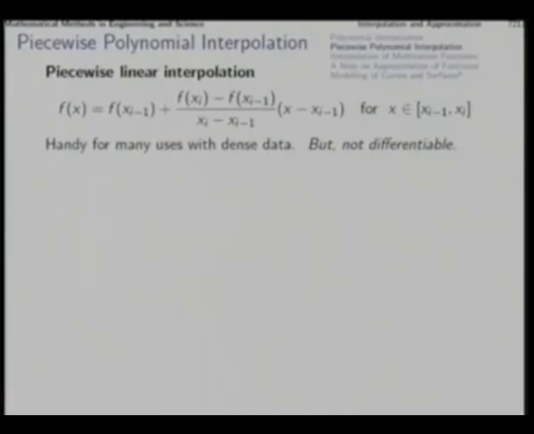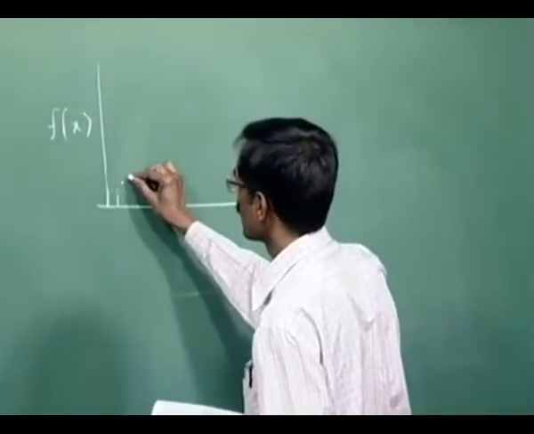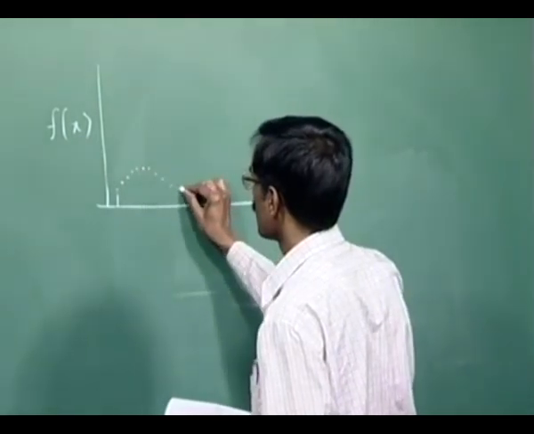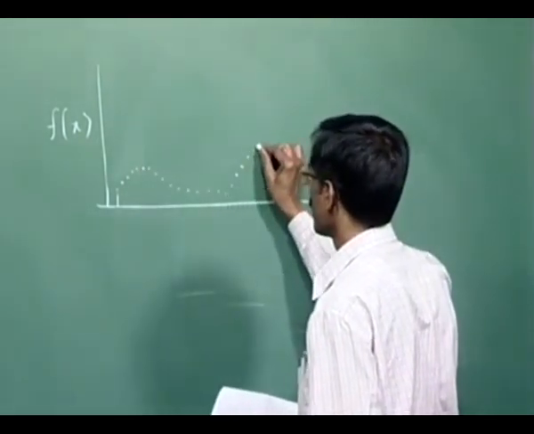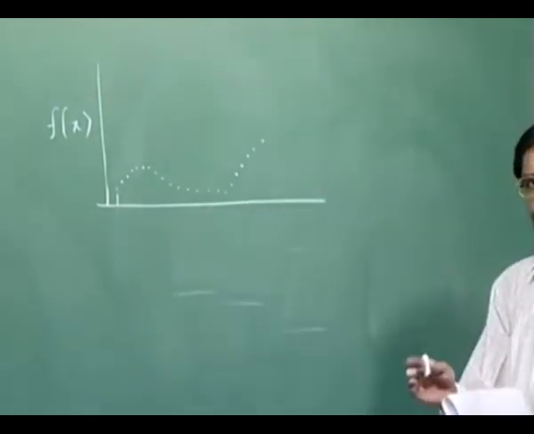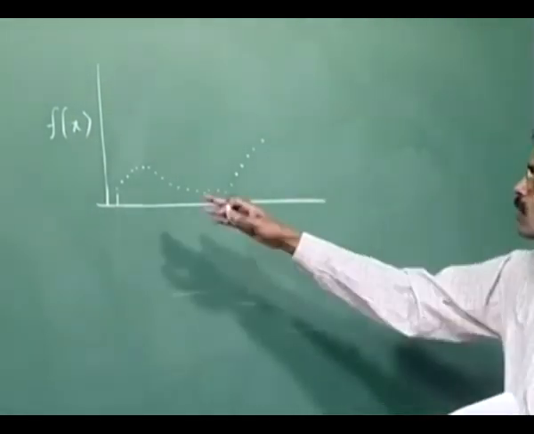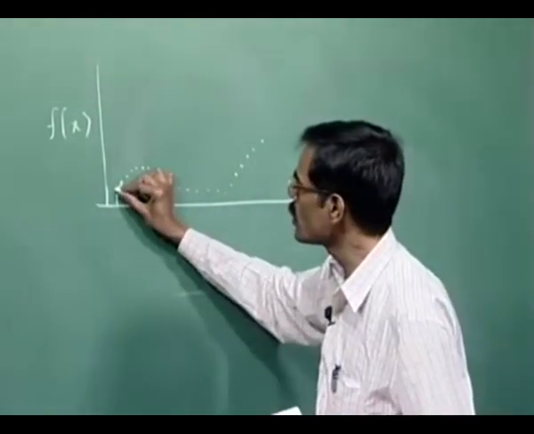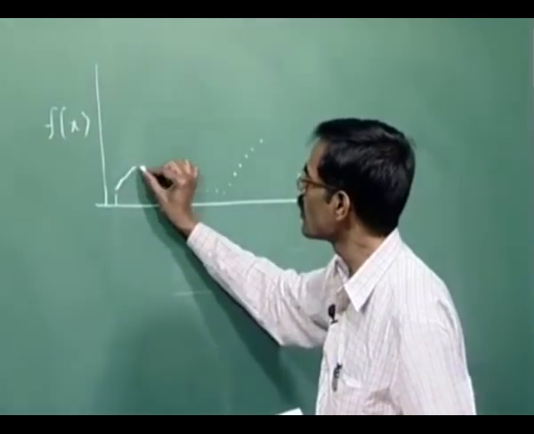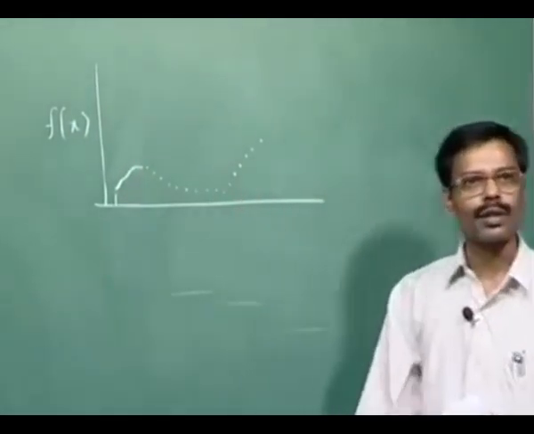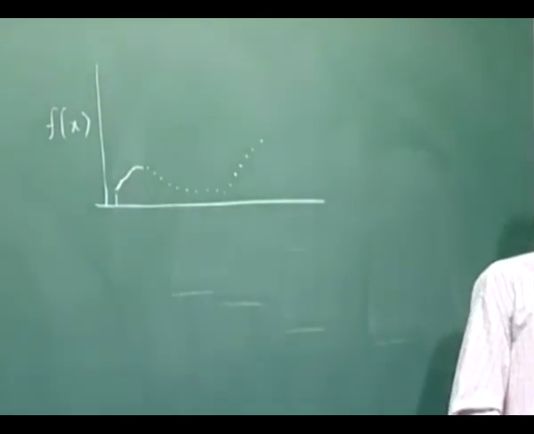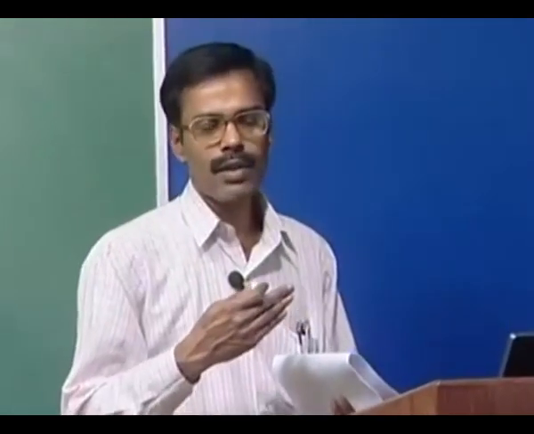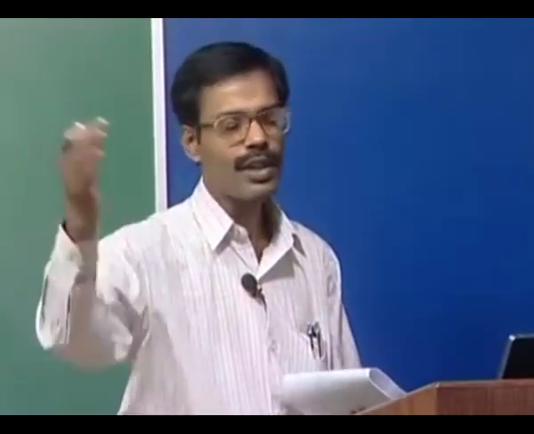So, that means that if we have a large number of data points like this, then one straightforward sensible way to find a piecewise interpolation of this could be to join these with straight lines and say that is a function representation, which is good enough for many purposes. So, for dense data where function values are available at a large number of close by points, there quite often we conduct piecewise linear interpolation.